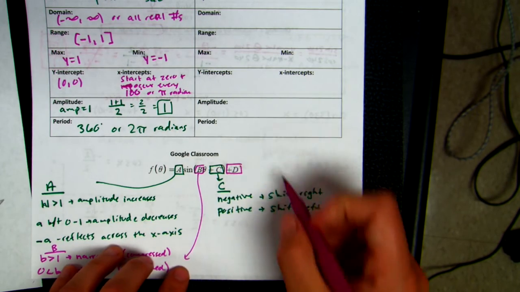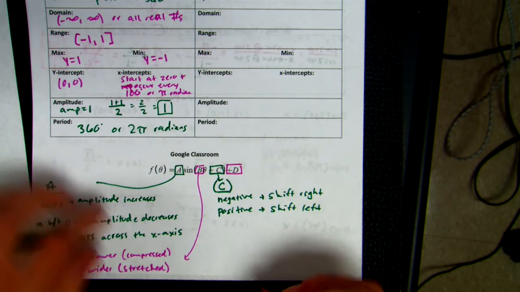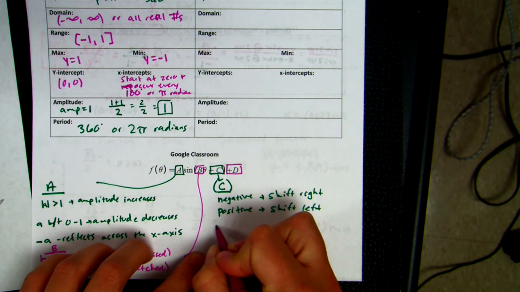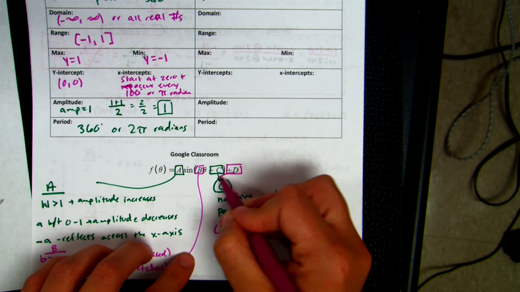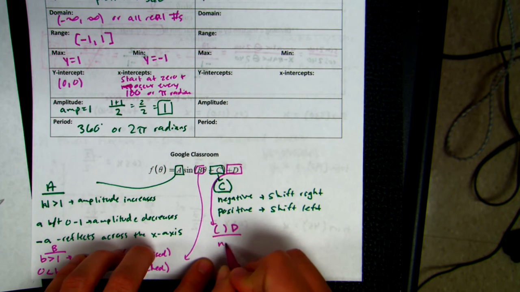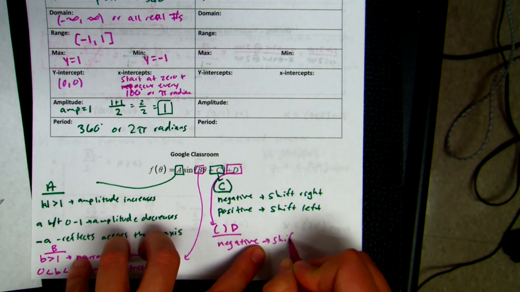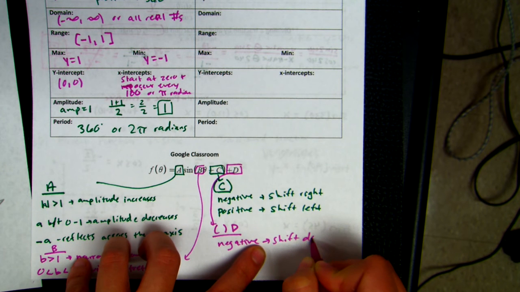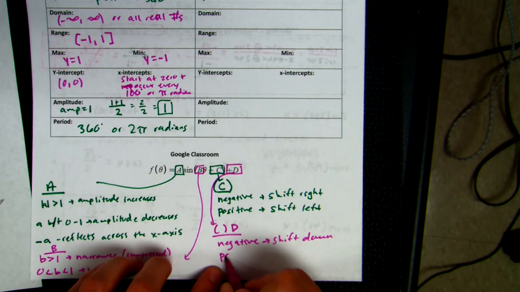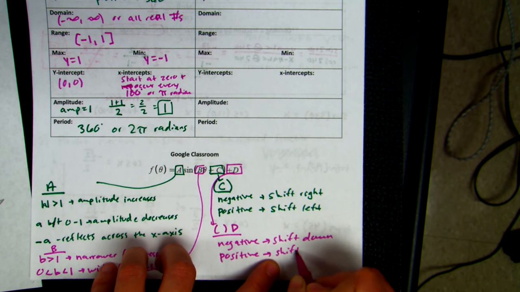And finally for d, which is outside the parentheses, so c is inside the parentheses, d is outside the parentheses. If d is negative, the function will shift down. And if d is positive, the function will shift up.